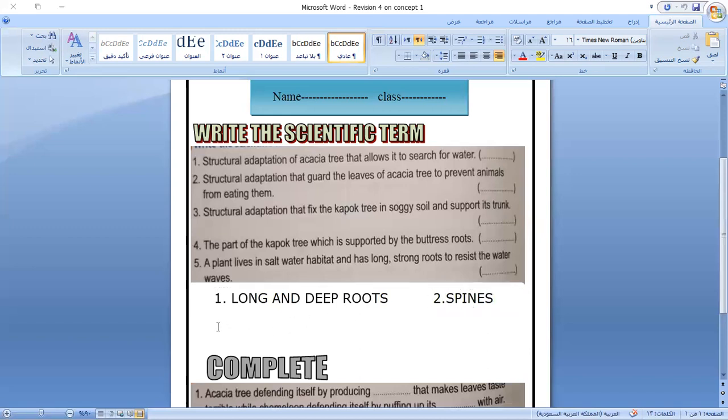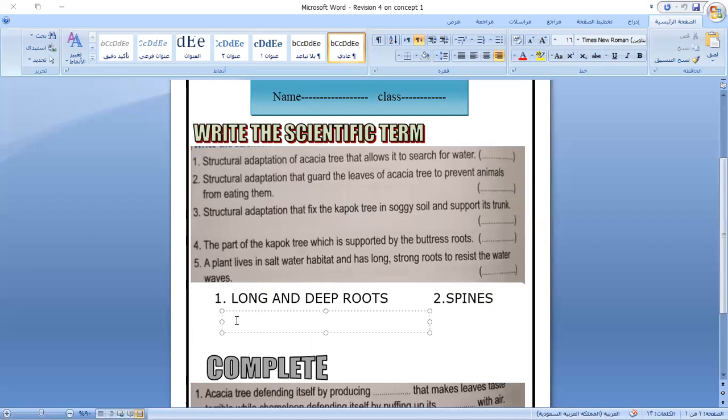Okay. Number 3, structural adaptation that fixes a kapok tree in soggy soil and supports its trunk. We know the kapok tree has a very wide root, not deep, but it is called buttress root.